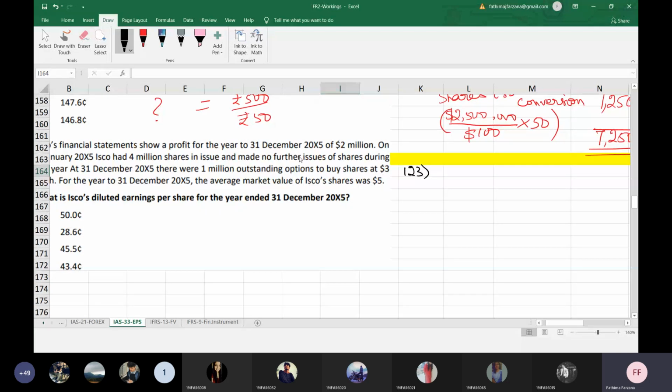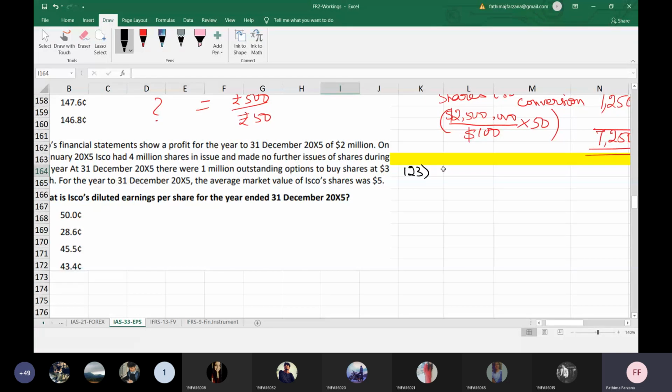So let me find out the options here. I actually want the number of shares issued for free. So basically, how many shares do I have in general? 4 million. I already have 4 million shares. Now I'm going to find out only the free shares.